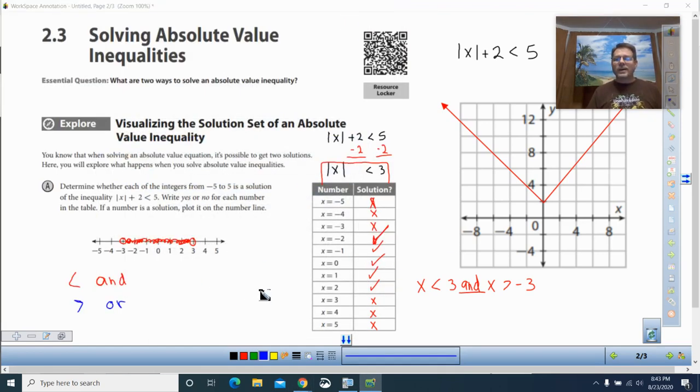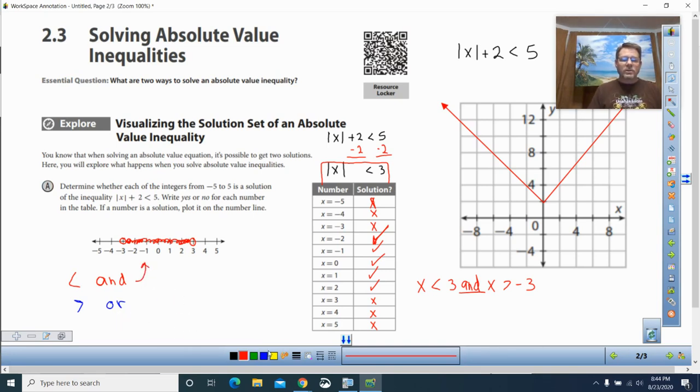Now, that's the algebra way of plugging it in. And hopefully this is something of a review for you, and maybe you remember this: when you get a less than symbol with absolute value, you're going to end up with an and. Ands are always going to look kind of like this.